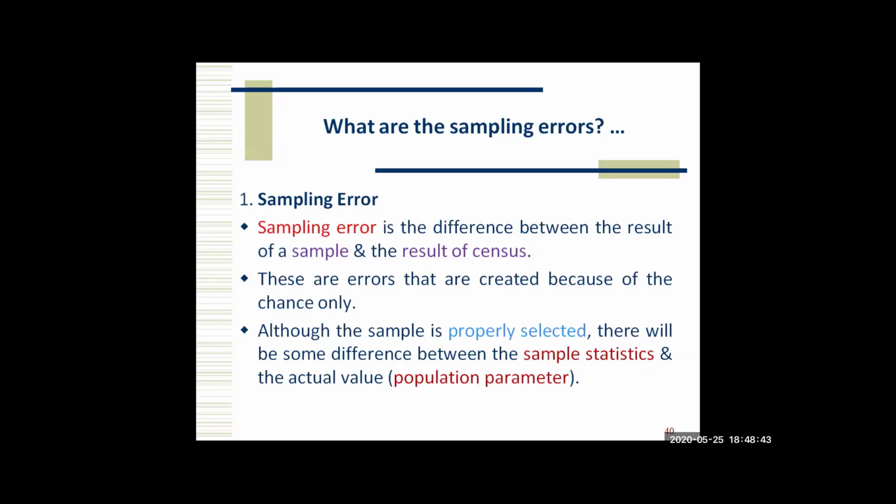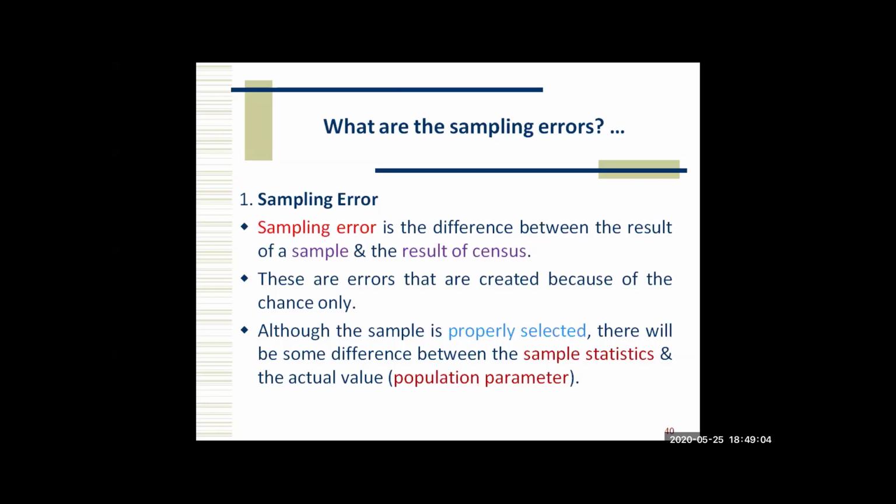Whatever the case, statisticians also have a specific measure of the difference between the two. That means in whatever case, it is quite possible to approximate the population parameter.